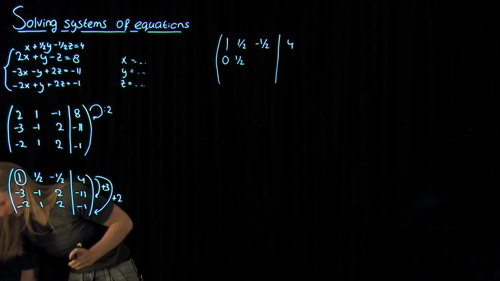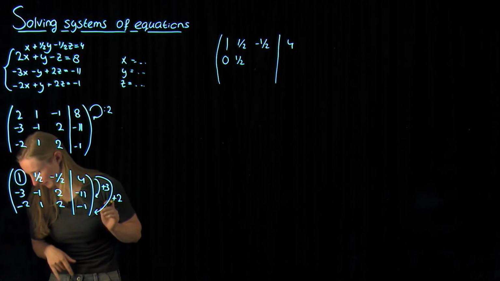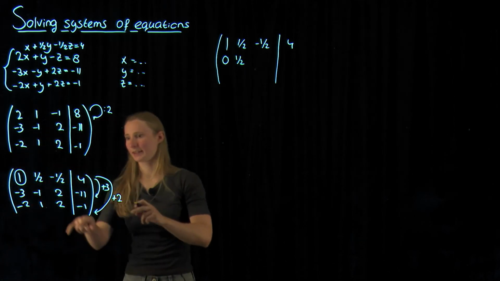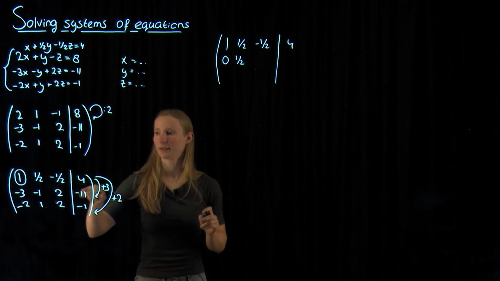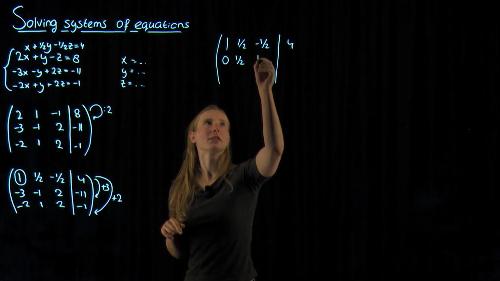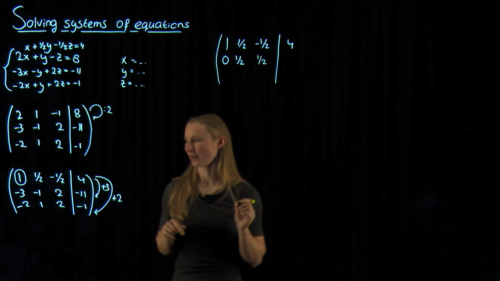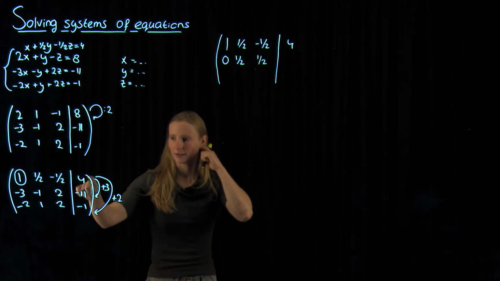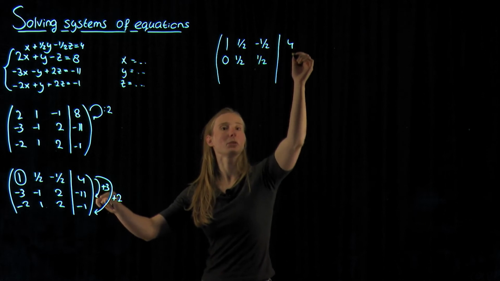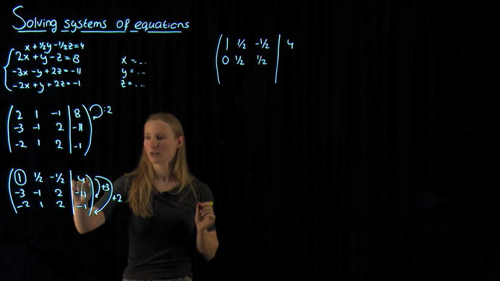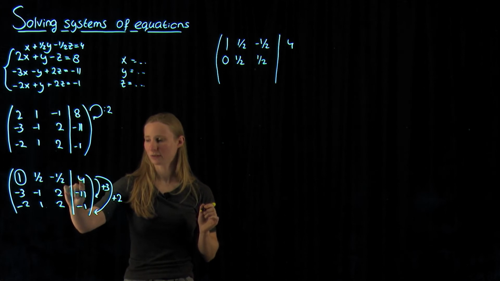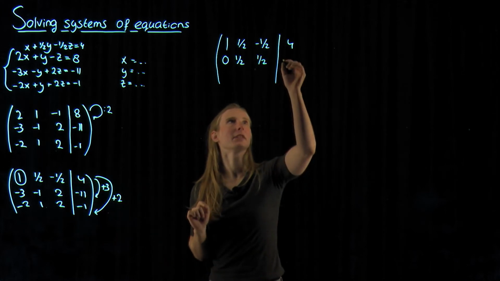Let me see if I'm still correct. Yes, and then we do 3 times minus 1/2, and then plus 2. So there again, we get 1/2. And in the final one, we also always have this last column that we take care of. So 4 times 3 is 12, minus 11 is 1.